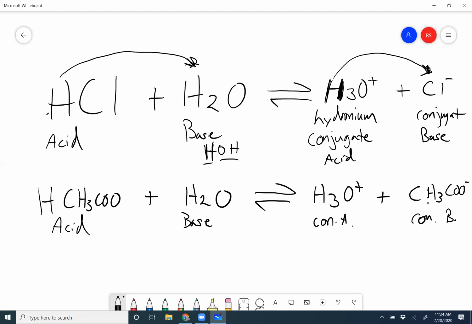But right here, the acetate ion in the vinegar has this big area over here. It looks like this. So here's our CH3 and here's our C double bond O and here's our O. This negative out here is completely exposed and it's completely unhappy.